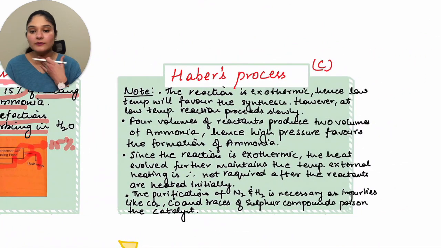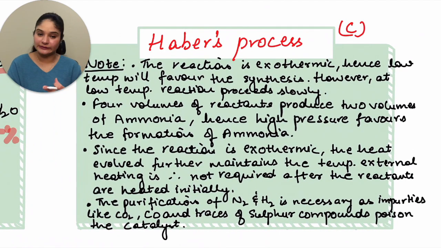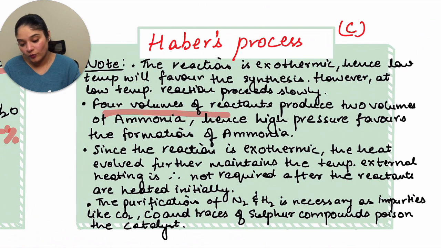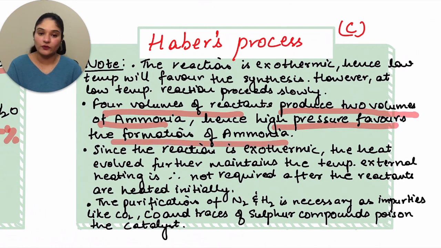The first is, the reaction is exothermic, hence low temperature will favor the synthesis. However, at low temperature the reaction proceeds slowly. Now, 4 volumes of reactants produce 2 volumes of ammonia. Hence, high pressure favors the formation of ammonia. That is the reason in the beginning, in the compression pump, you put in more pressure and then put it forward.